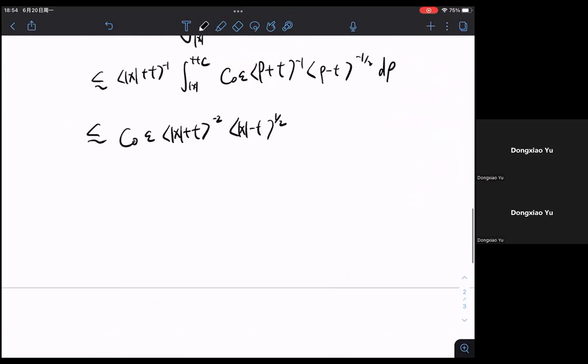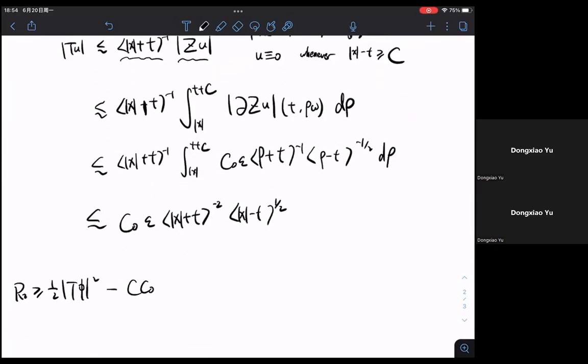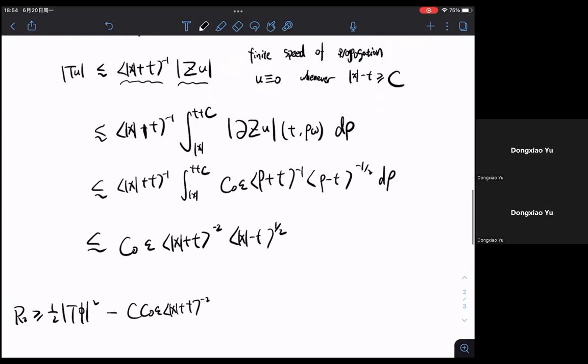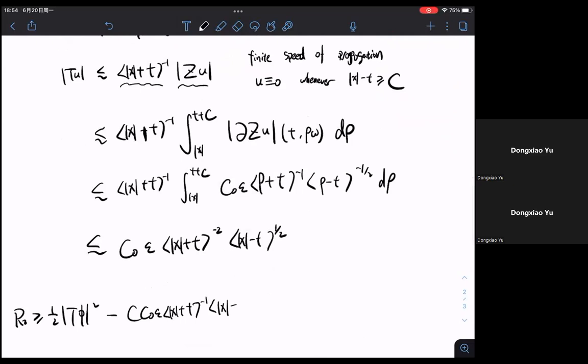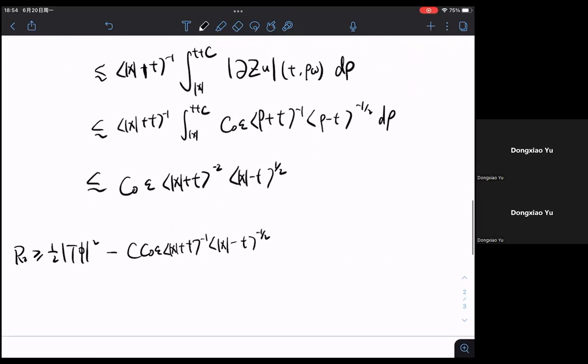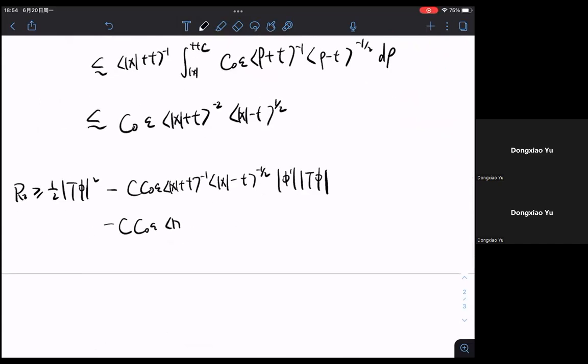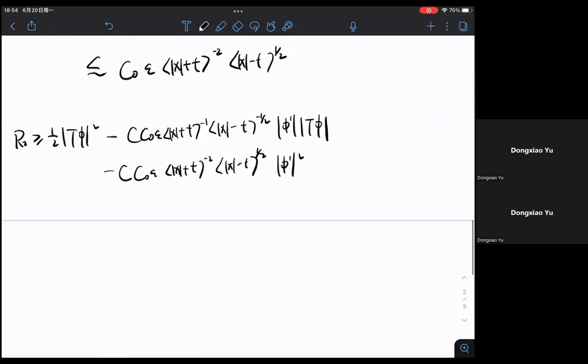So our final conclusion is that R2 is larger than or equal to 1 over 2 t phi square, minus C0 epsilon (x plus t) to the negative 2 negative 1, (x minus t) to the negative 1 over 2, phi prime t phi, minus C0 (x plus t) to the negative 2, (x minus t) to the negative 1 over 2, phi prime square, and finally minus C epsilon square (x plus t) to the negative 2, (x minus t) to the negative 1, phi prime square.